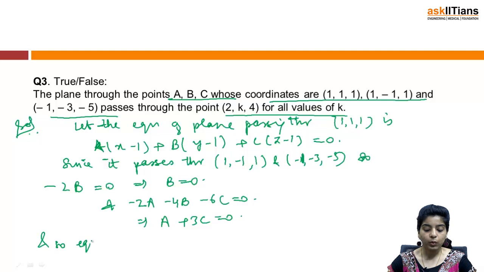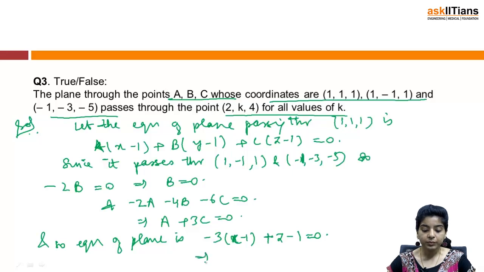So the equation of plane: b is 0 and a is -3c, so the equation is -3(x - 1) + (z - 1) = 0, which means 3x - z - 2 = 0, right?